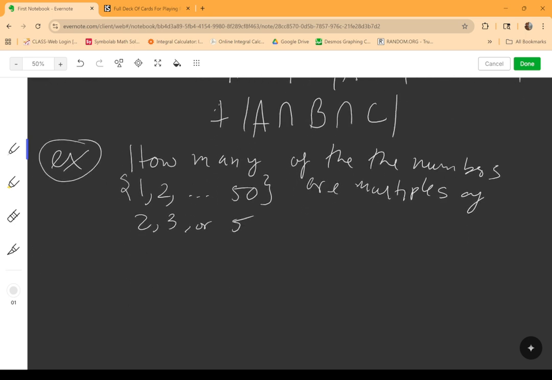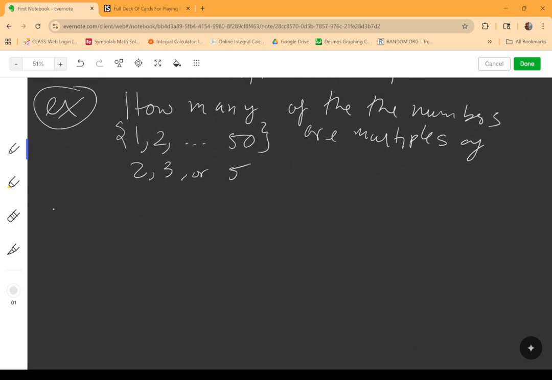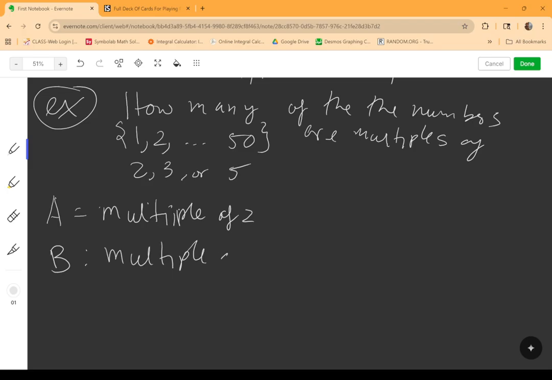Let's appropriately define these sets. Let A be the set of multiples of 2, B the set of multiples of 3, and C the set of multiples of 5.